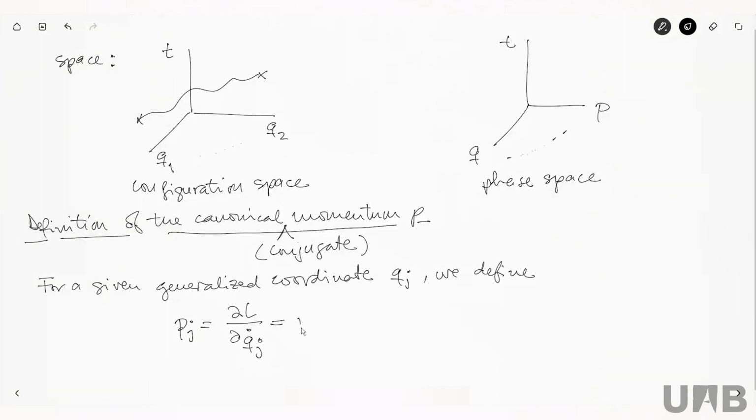And this, in general, is going to be a function of all the qs and all the velocities, and why not, maybe also time, okay? And that has to be true for all j from 1 to n. That is to say, each and every one of the generalized coordinates q has to have a p so defined, a canonical momentum p defined in this way. So that's one condition.